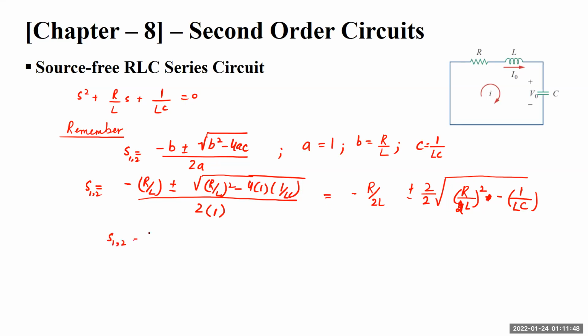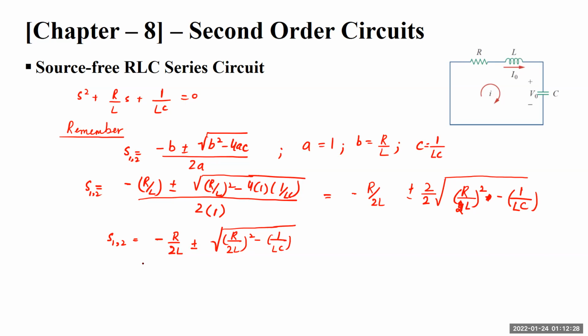We are left with minus R by 2L plus or minus the square root of (R by 2L) square minus 1 by LC. Okay, so this is what we are left with.